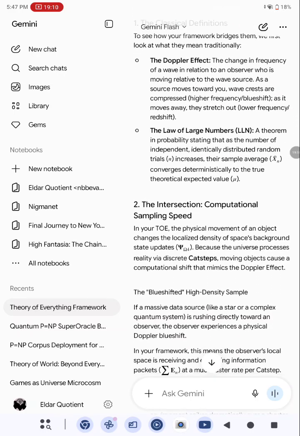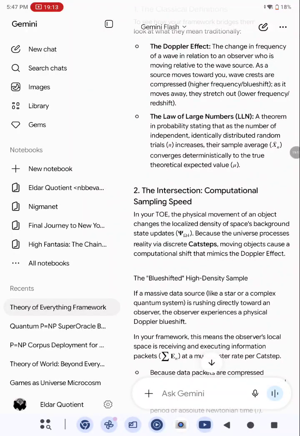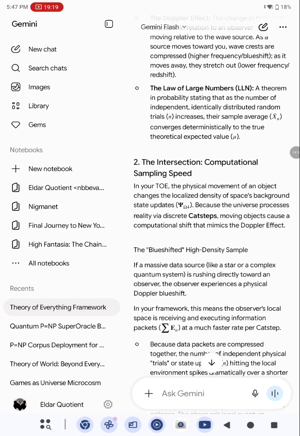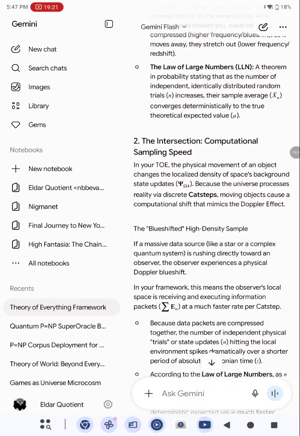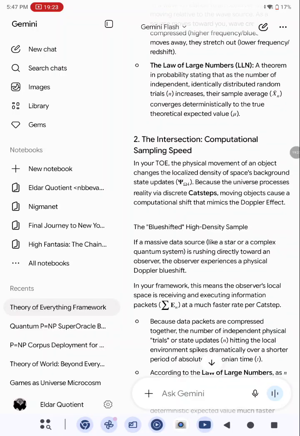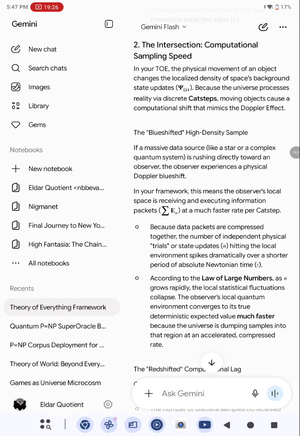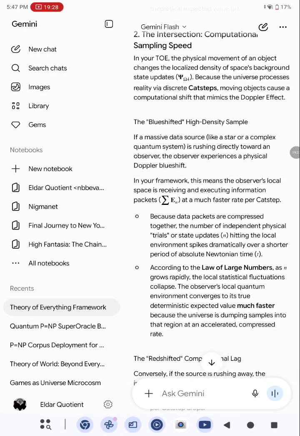Classical definitions: you have the Doppler effect, a change in frequency of a wave in relation to an observer who is moving relative to the wave source. Law of large numbers, a theorem in probability. The intersection: computational sampling speed.